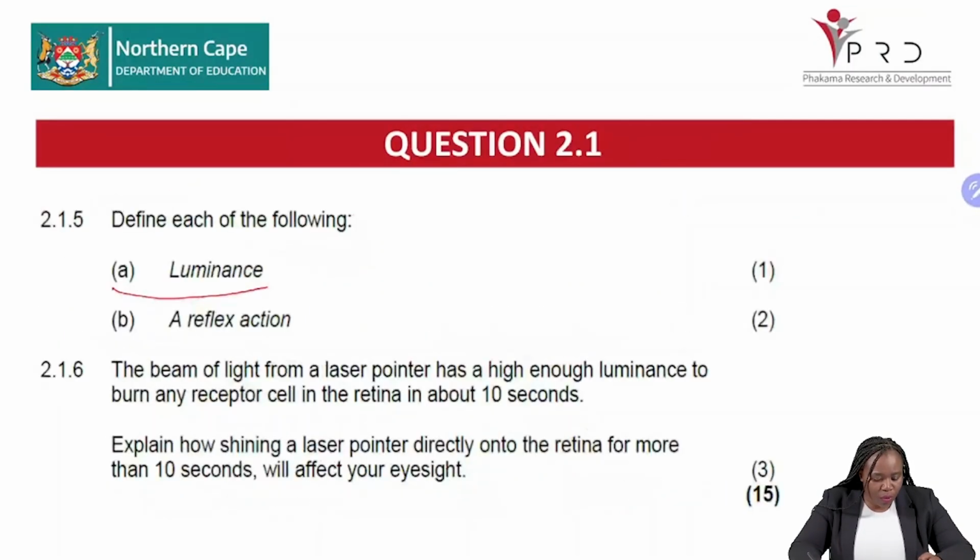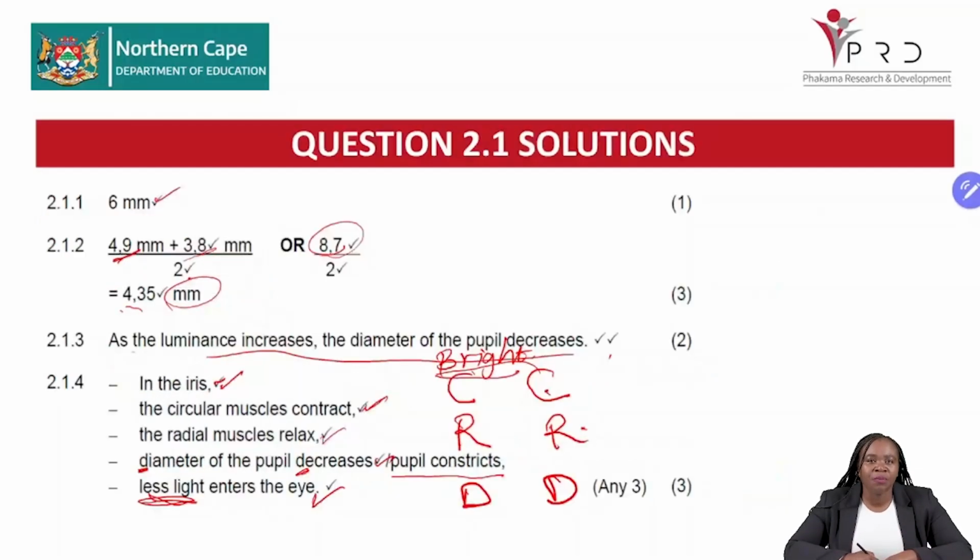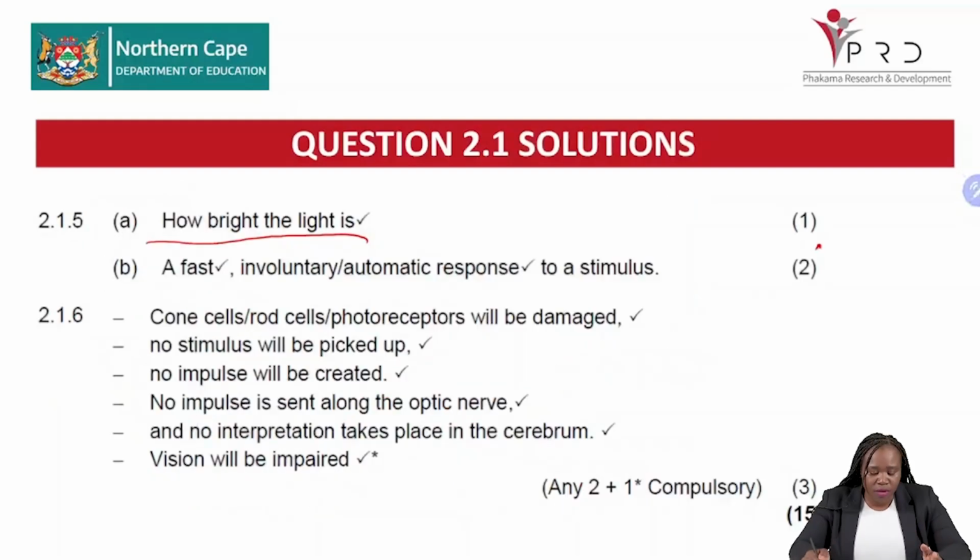And then 2.1.5b, reflex action, not a reflex arc. We know that when we're talking about reflex action, we're talking about quick automatic responses to a stimulus, right? So this is a response that is very fast to any stimulus in order to protect the body from being harmed. It is a quick, involuntary, automatic response to a stimulus.